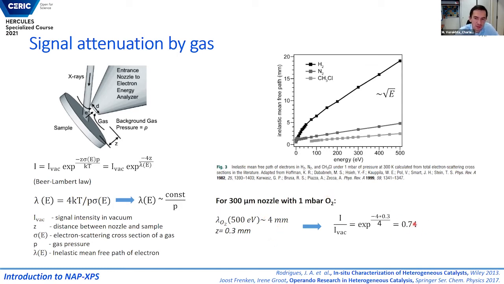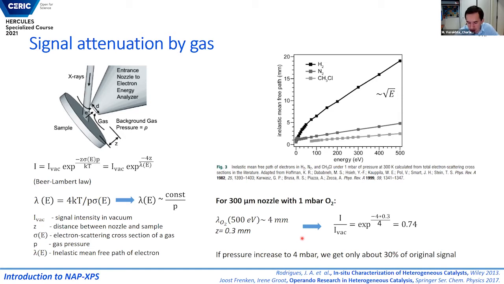So then you lose only 25%. However, as soon as you increase the pressure to 4 millibars of oxygen, you would already get only 30% of the original signal. The original signal is the signal which you would have if there is no gas. So you see that it is quite critical. You cannot go with very high pressure because you would have a relatively low signal.